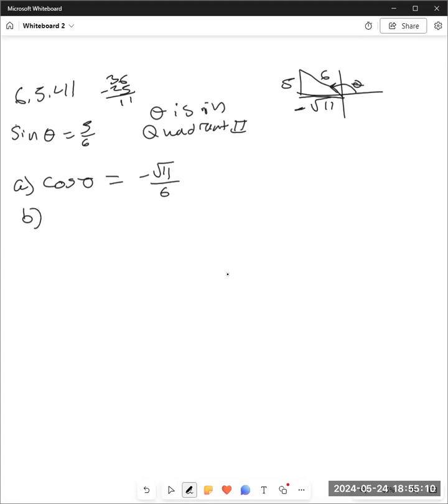Part B asks us to find sine of theta plus pi/6.